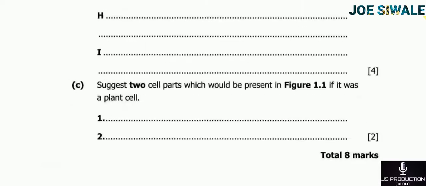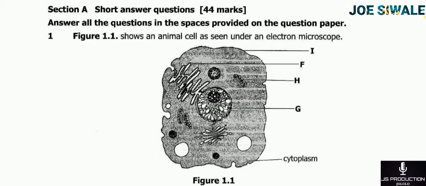And the total marks of that question is 2 marks. So which means each answer is equivalent to 1 mark. So that's figure 1.1 which is showing the animal cell.